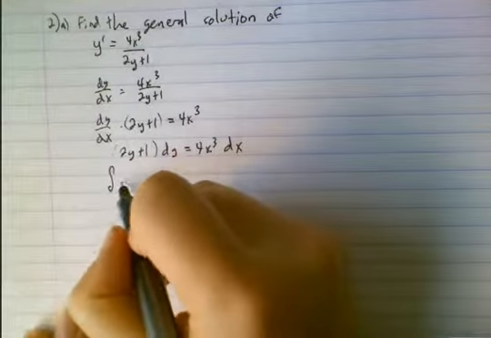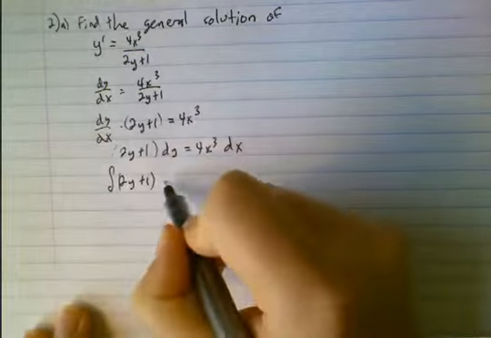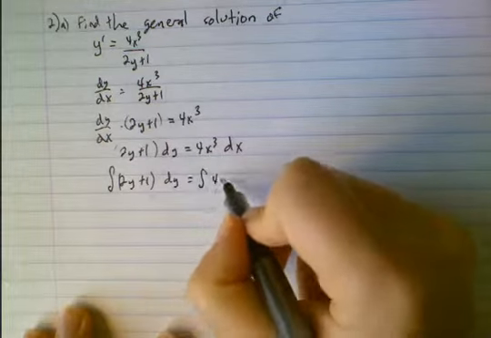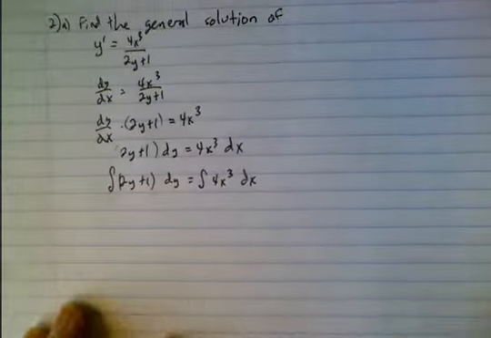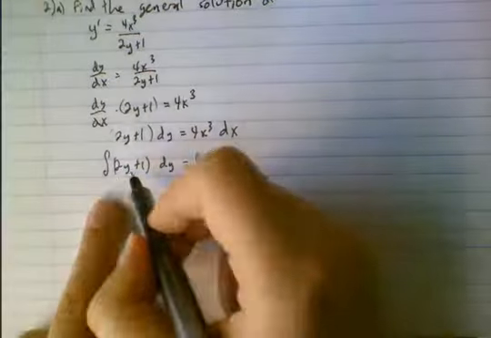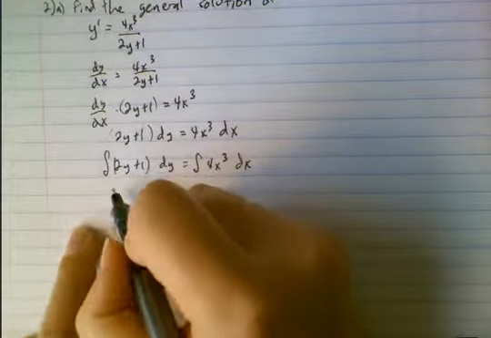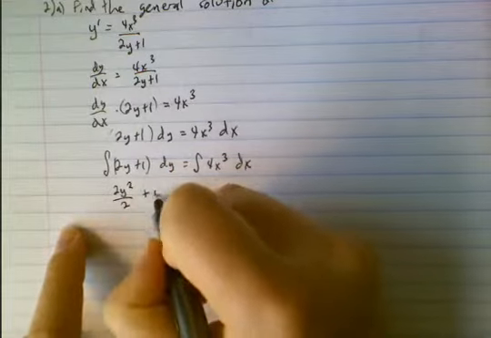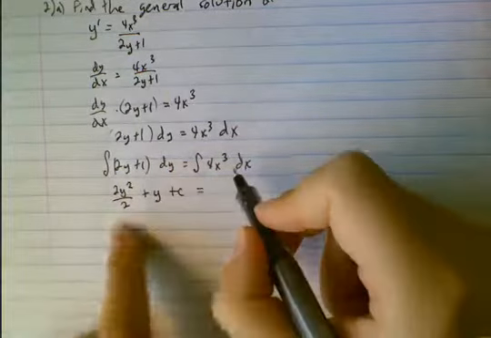Then we take the integrals, or the antiderivatives, I should say. Okay, antiderivative of 2y is 2y squared over 2 plus y plus c.